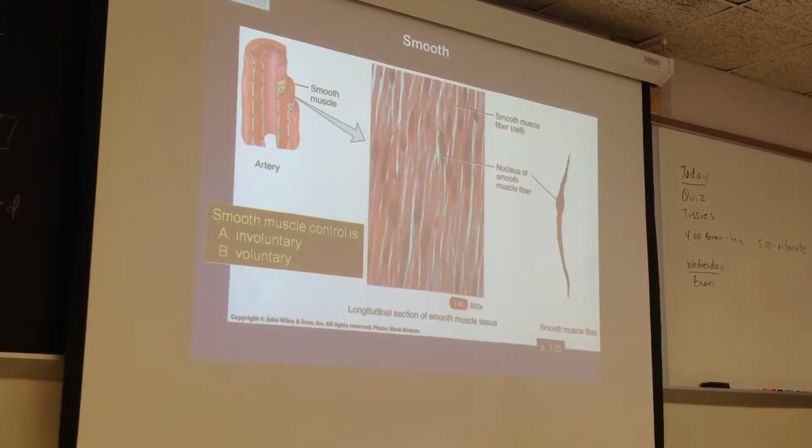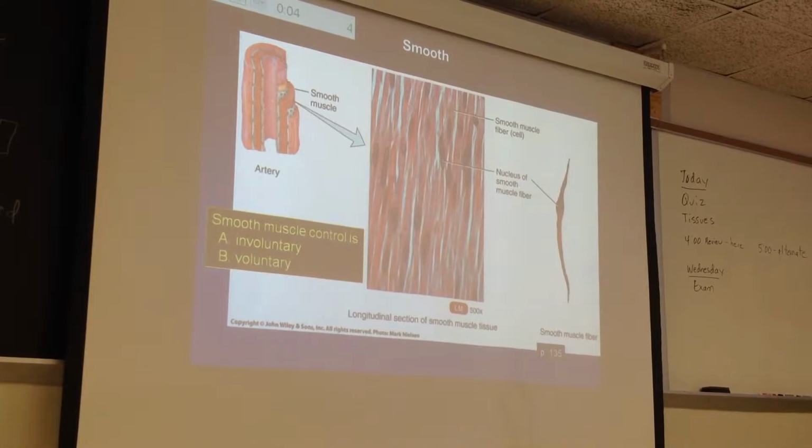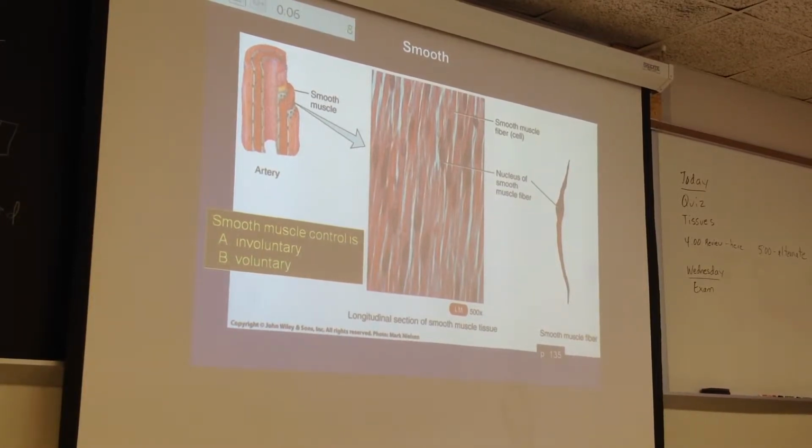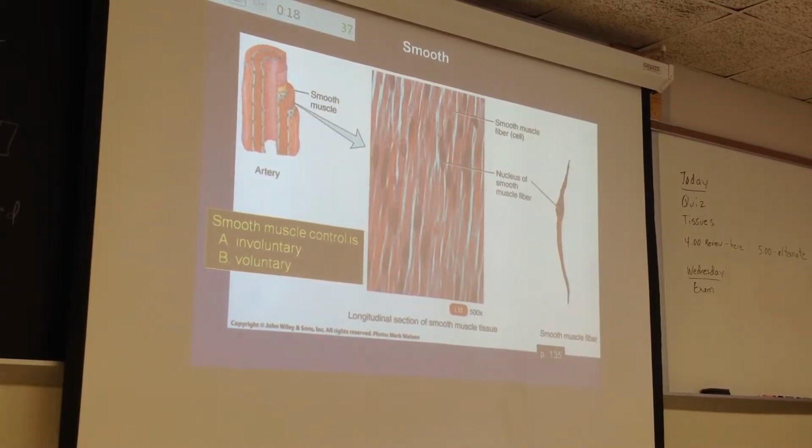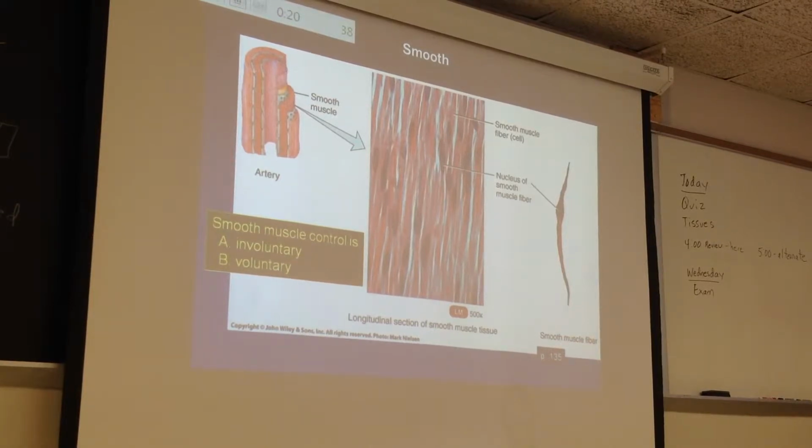I haven't really said what their functions would be. You might be thinking about what the functions are in these different things, and that might help you answer this question here about smooth muscle control. Is it A, involuntary, that is not under conscious control, or B, voluntary, meaning it's under conscious control, meaning you can think to make it contract, or not think to make it contract.